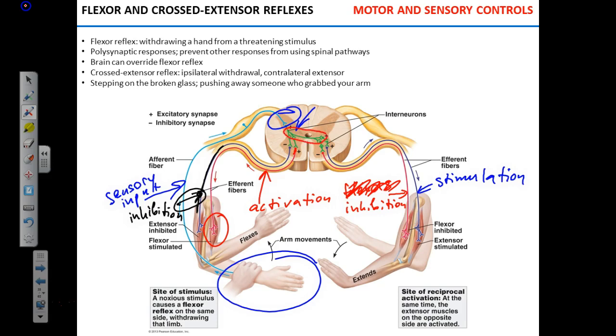Can you see that neuron, the green neuron, interneuron right here? You see it goes to the opposite side of the spinal cord. It crosses to the opposite side, to show how it goes to the opposite side. Does that make sense? It goes through the great commissure. So tendon reflex, stretch reflex, flexor crossed-extensor.